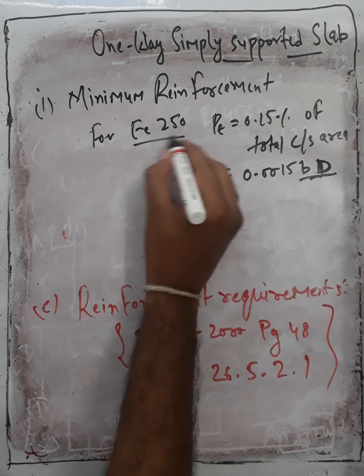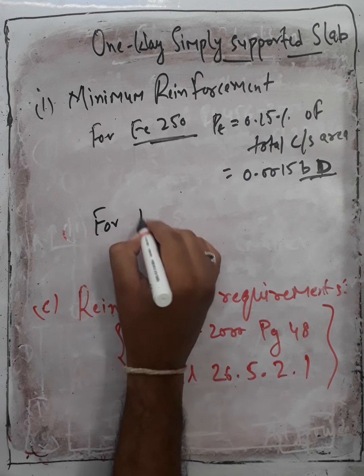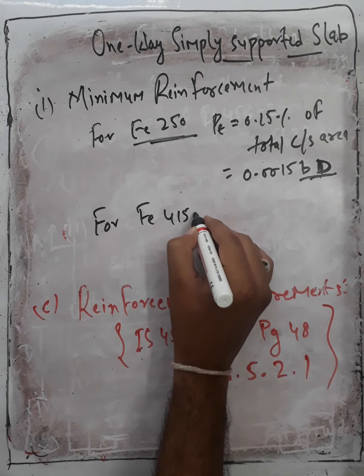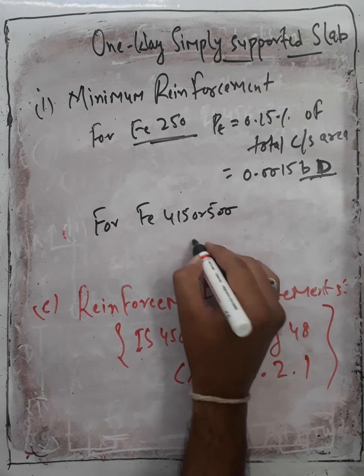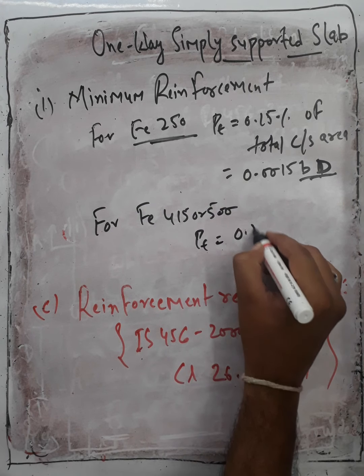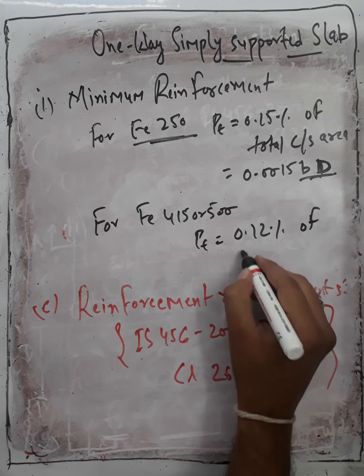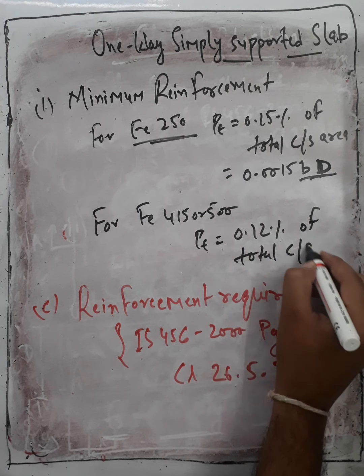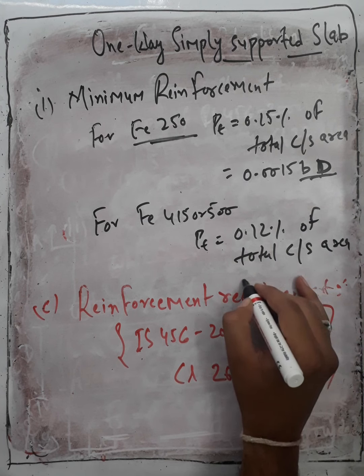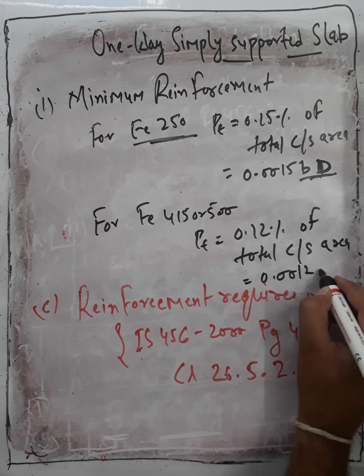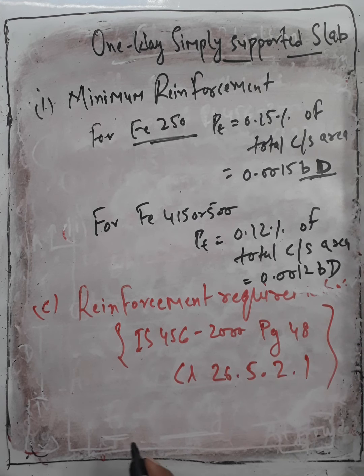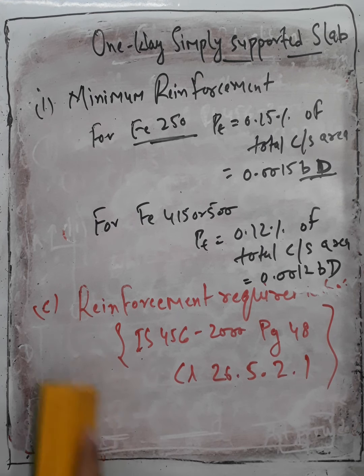Okay, this is for 250, and for Fe 415 or 500 we take PT is equal to 0.12% of total cross sectional area or 0.0012 small b capital D. This is the minimum reinforcement criteria in one way simply supported slab condition.